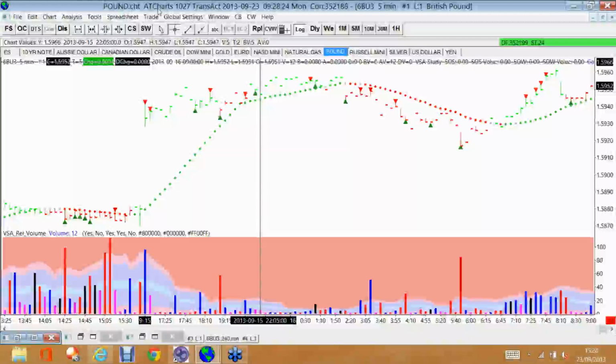So now what I want to talk about in the next session that we're going to do here now is how the sequences work. Because we've covered bag holding, we've covered climactic action, we've covered end of a rising market, we've covered a buying climax, and we've certainly covered no demand and where to trade that. But everything comes with a sequence. And what you saw earlier was there are certain indicators in VSA that are stronger than others.